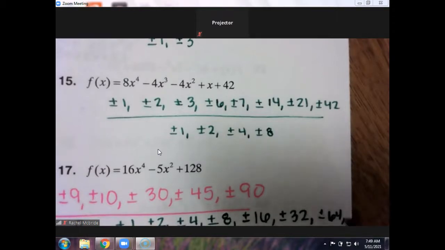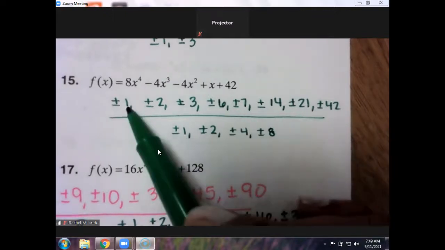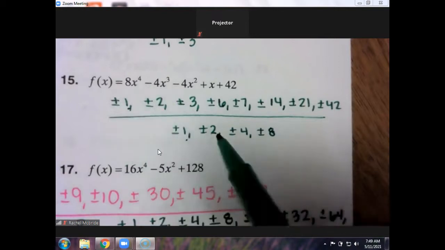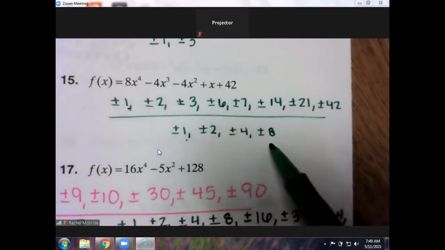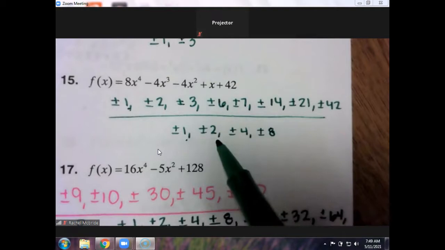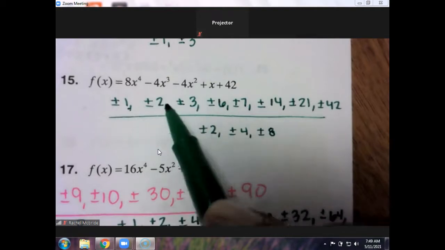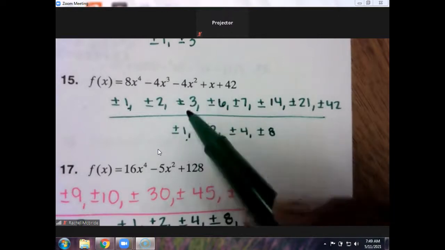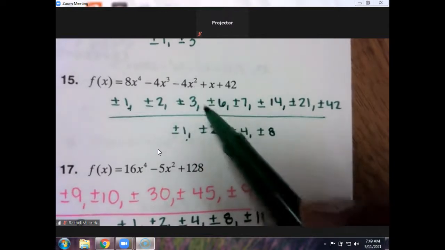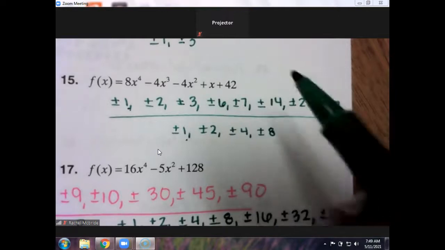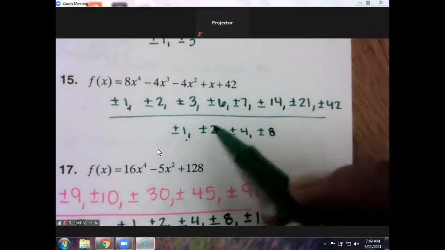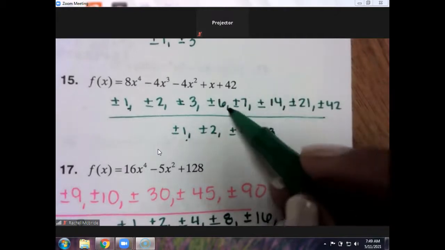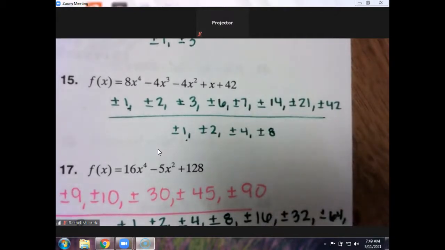So remember, all of the potential answers are the top number divided by the bottom number. So like 1, 1/2, 1/4, 1/8, 2, 1 again, 1/2 again, and 1/4 again. 3, 3/2, 3/4, 3/8, 6, 3 again, 3/2 again, 3/4 again.